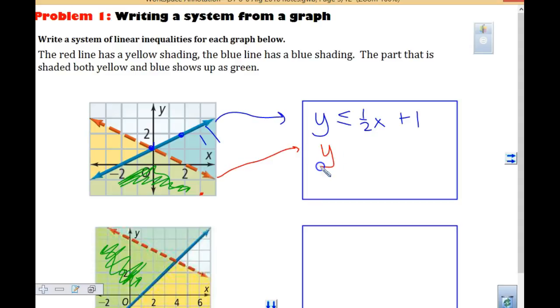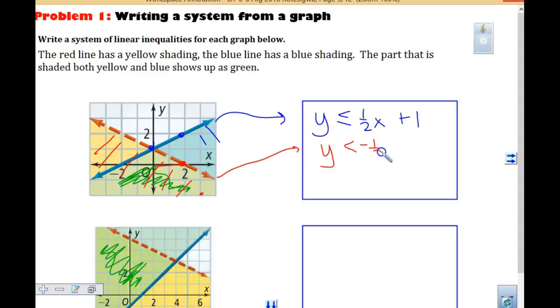So one would be like y is, they're shading below, would it be less than? Slope? Negative 1/2.